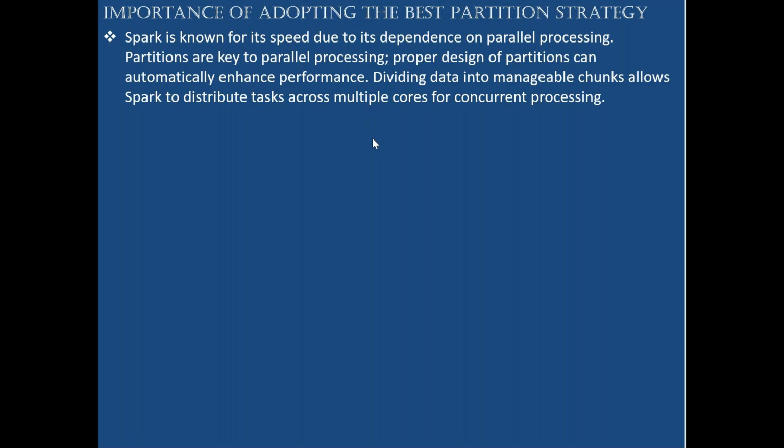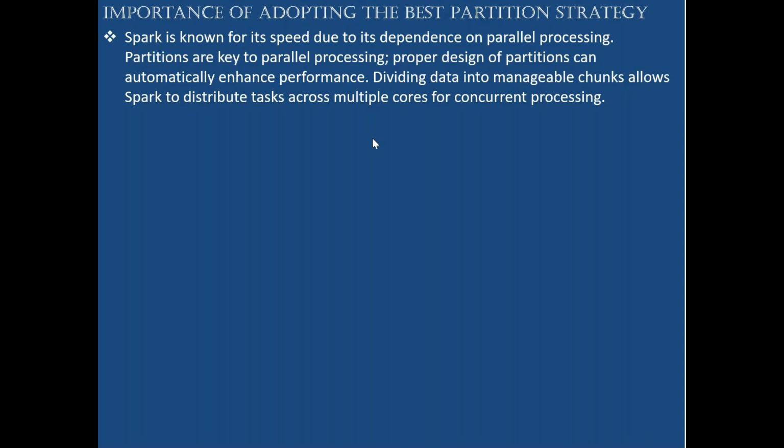Now here, whatever partitions we have are key to parallel processing, isn't it? When you have 8 cores, minimum you need to maintain 8 partitions, or you can also maintain 16 partitions, or 24 partitions.